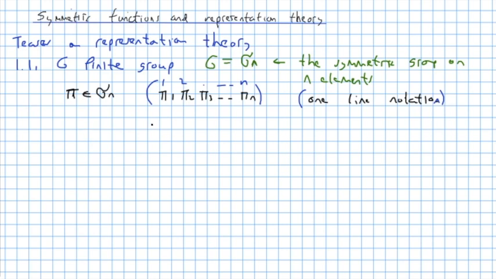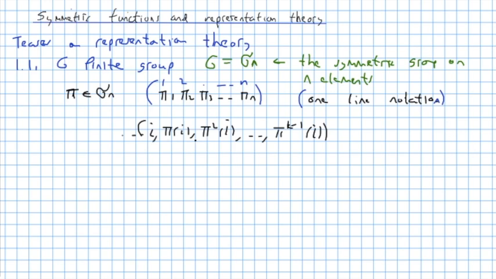And there's also cycle notation, where we write the permutation as a product of cycles. So here we have i, and then we apply pi, and then we apply pi again, and so on until we get back to the beginning. So k is the smallest number such that pi to the k of i is again i, and we write it this way.